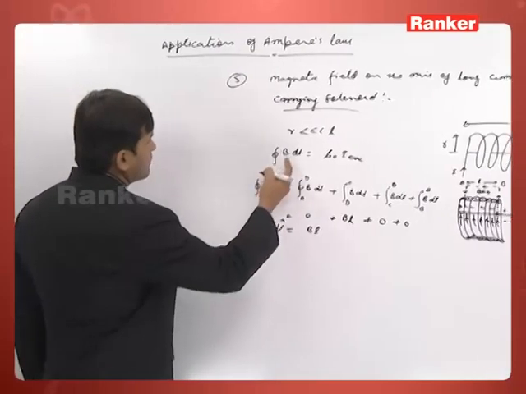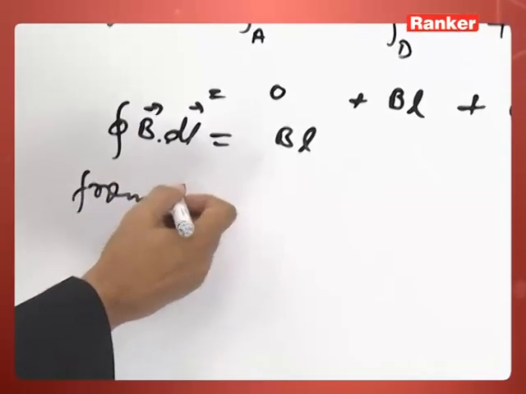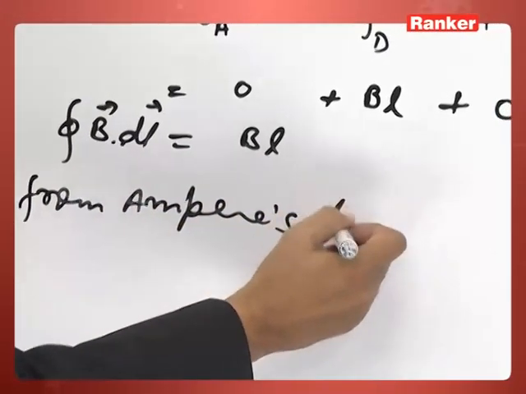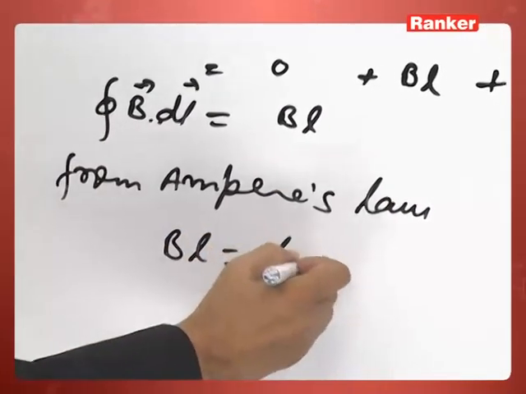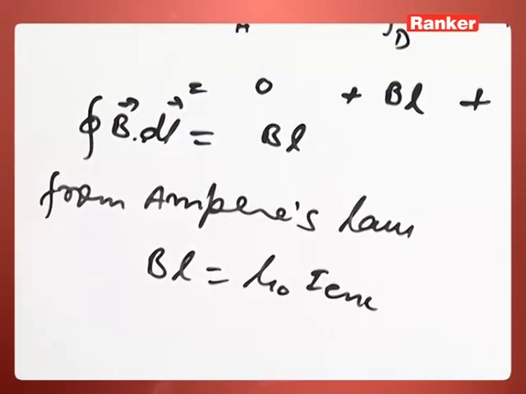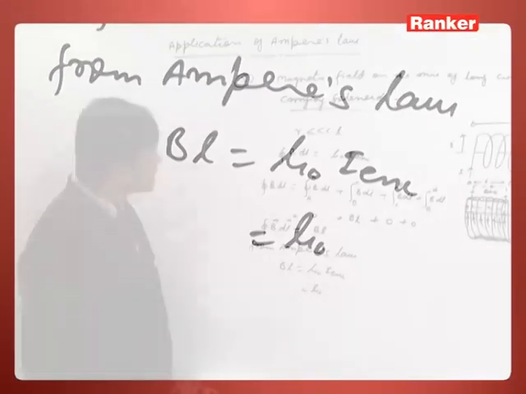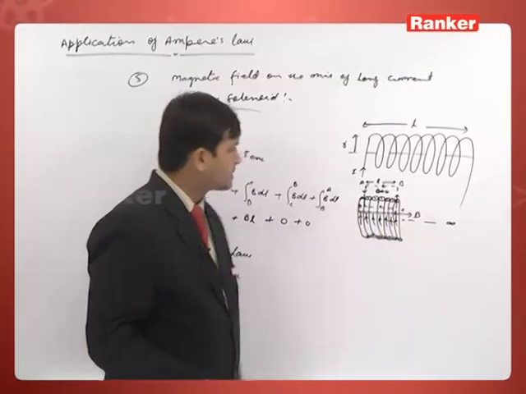Now from Ampere's law, BL is equal to mu naught I enclosed. Now what is I enclosed? I enclosed means current due to all these conductors.